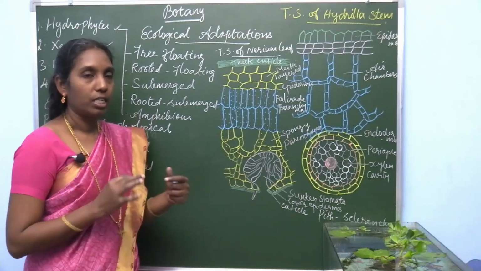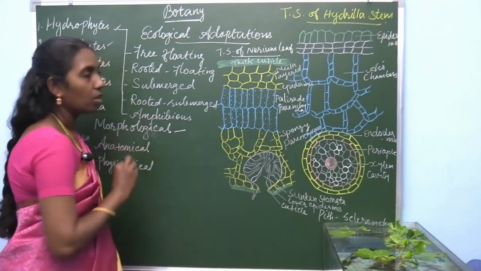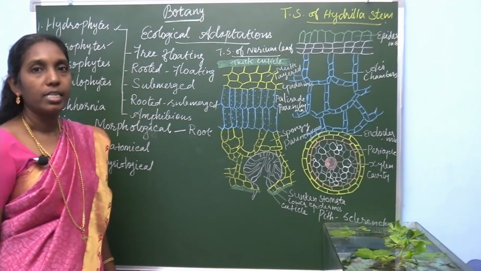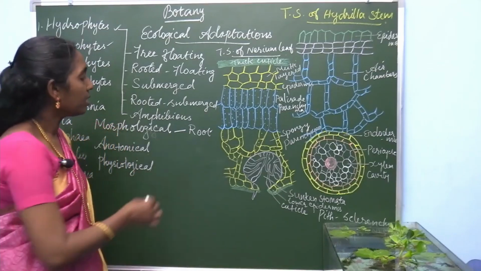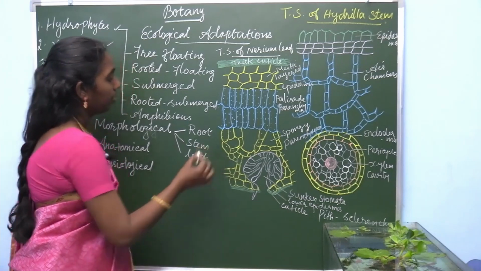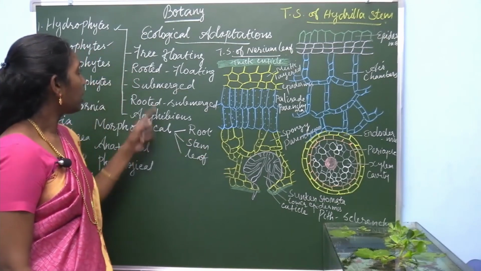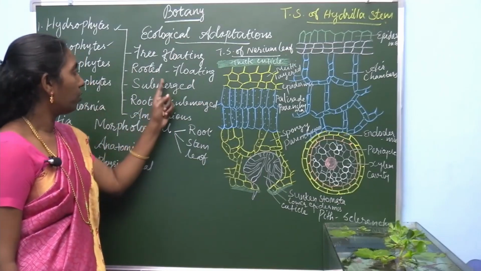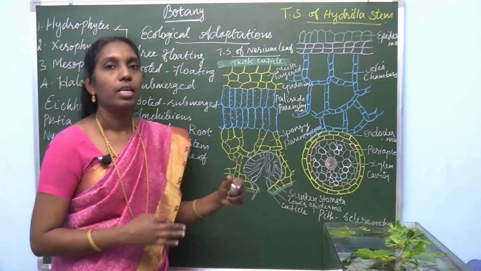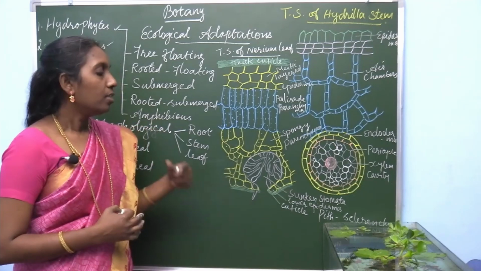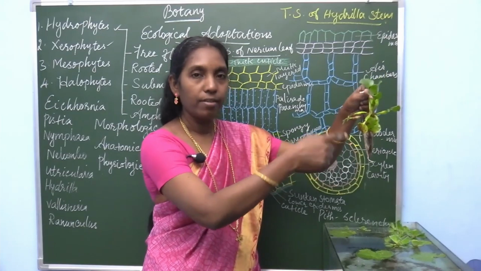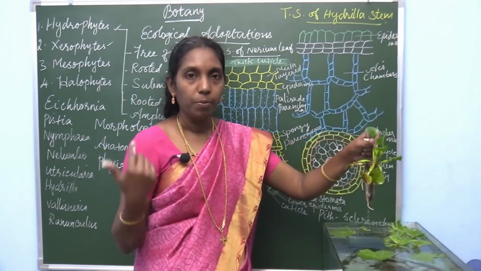What are the morphological adaptations? Under morphological adaptation, you observe the plant's root, stem, and leaf morphology. In these aquatic plants, whether free floating, rooted floating, submerged, rooted submerged or amphibious, the roots are poorly developed compared to the mesophytes.